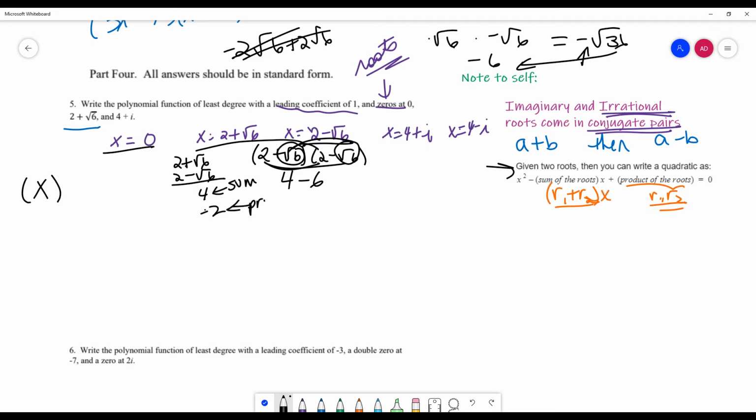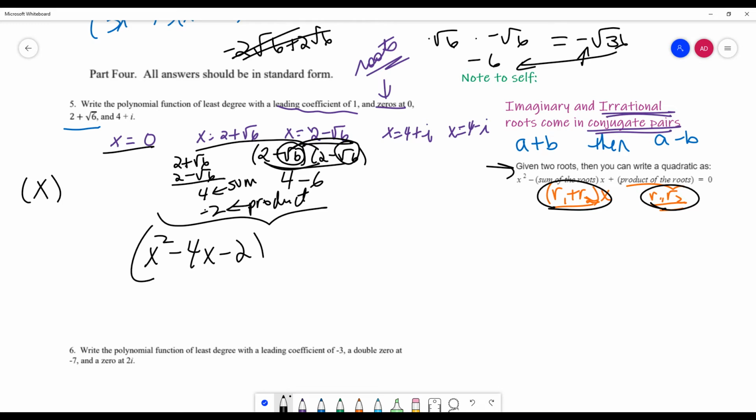So how does this fit? Just like we said, x squared minus the sum times x plus the product. So my other factor would be x squared minus 4x minus 2. Okay, so that's another factor.